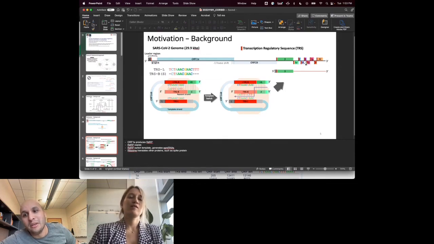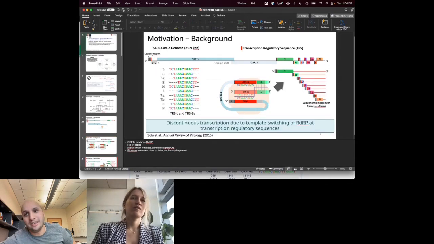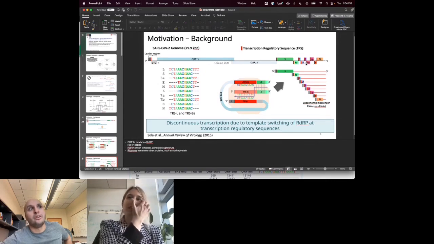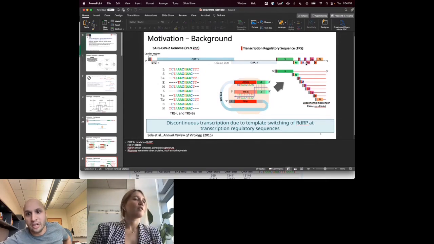But in other coronaviruses, you could have 2 different genes that share the same TRS. Biologically, this works through something called ribosomal leaky scanning. The ribosome won't necessarily start translating at the first ATG. It can skip over it with a certain probability and move on to the second ATG. That's how you can get 2 different genes from the same messenger RNA.